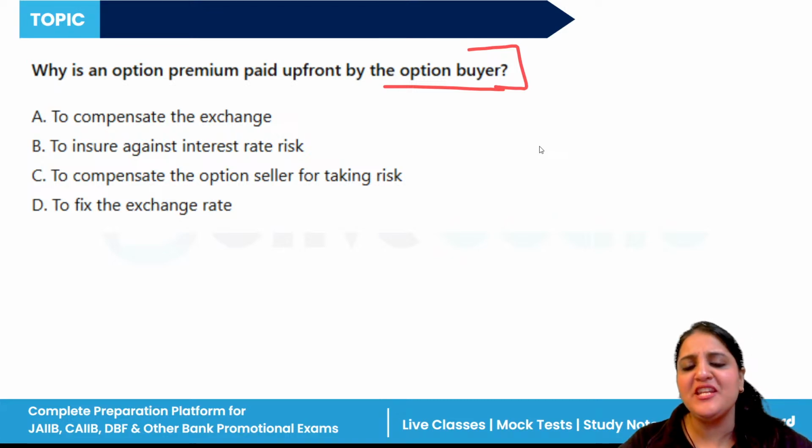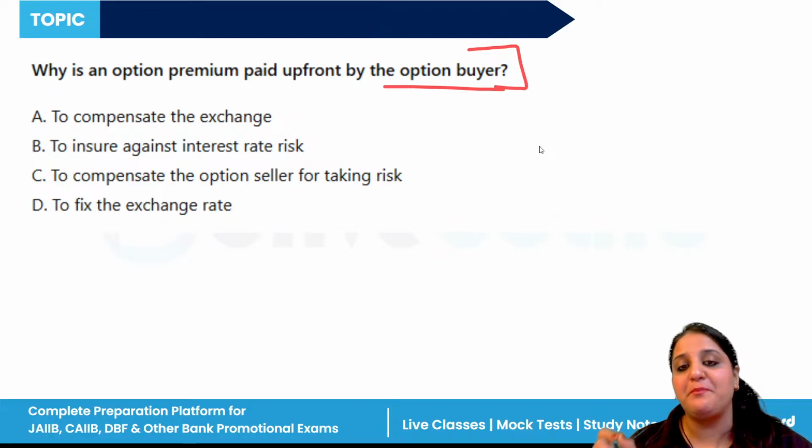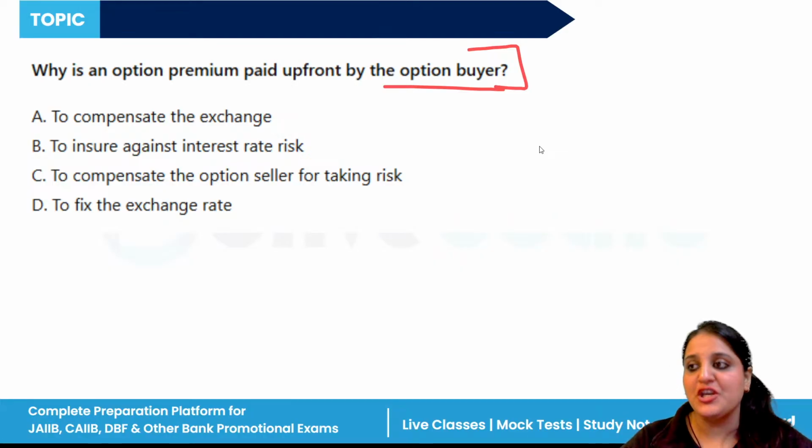So what is the meaning of this strike price and market price? See, always remember, strike price is fixed, that is the predetermined price at which an option holder can buy or sell an underlying asset, remaining constant through the contract life.